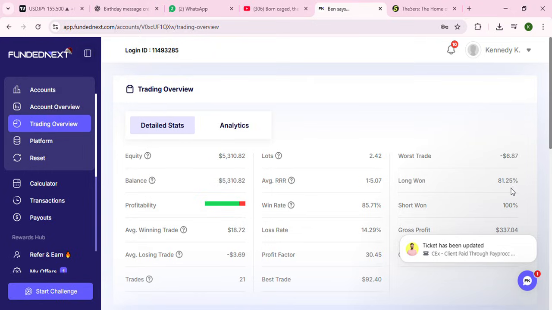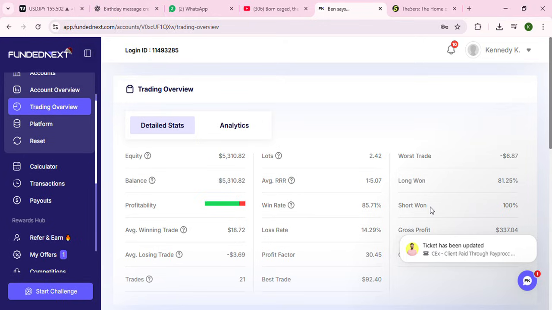Longs won 81.25%. Shorts won was 100%. Gross profit 337. Loss rate was at 14.3%. Win rate at 85.7%.